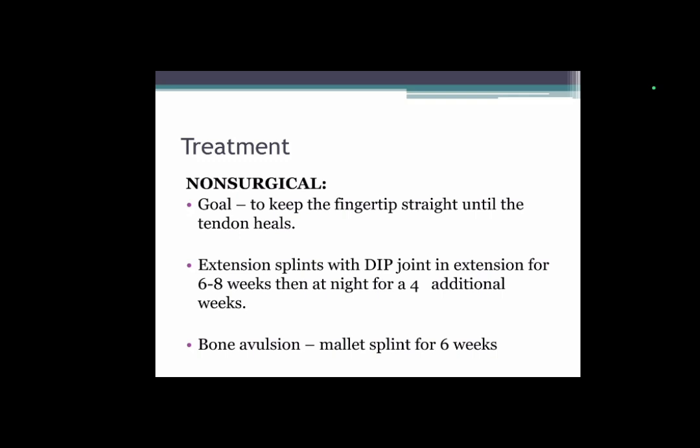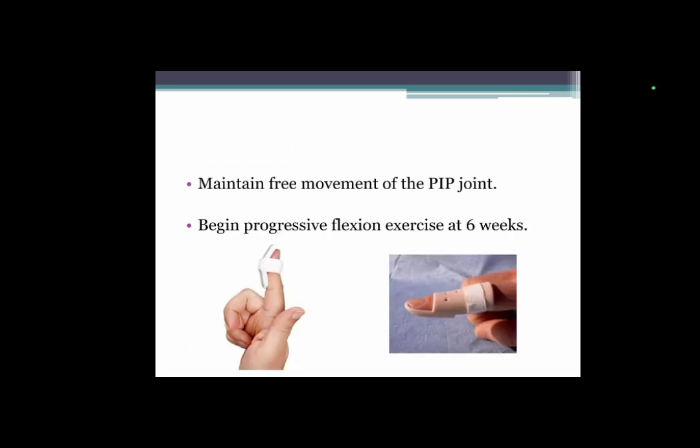After discussing the complications, let us summarize the important points regarding jersey finger, including its anatomy, mechanism of injury, clinical features, diagnosis, and management. To summarize, jersey finger is a tendon avulsion injury involving the flexor digitorum profundus tendon, most commonly affecting the ring finger. It typically occurs during sports activities when a flexed finger is suddenly forced into extension.